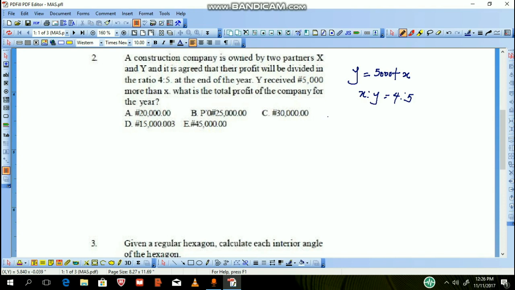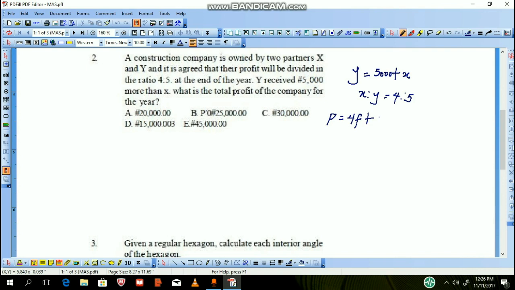For us to get the total profit that is shared, we use a common factor for the amount that X receives. If X is receiving 4, that will be 4 times a common factor F, plus the total amount that Y receives.